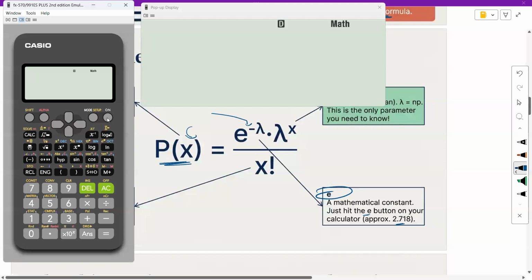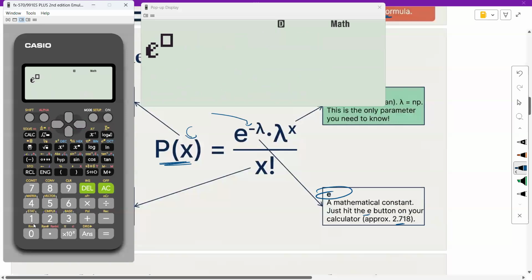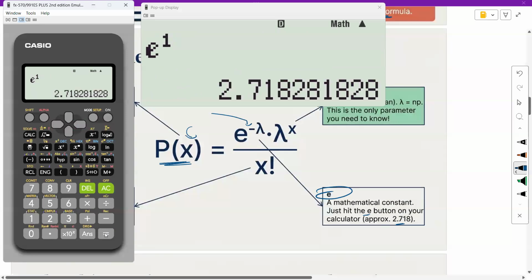Then you can find e. So where is e? Here, shift e. Then the value is what? e is 2.71828. Here, we get the same figure, 2.718.